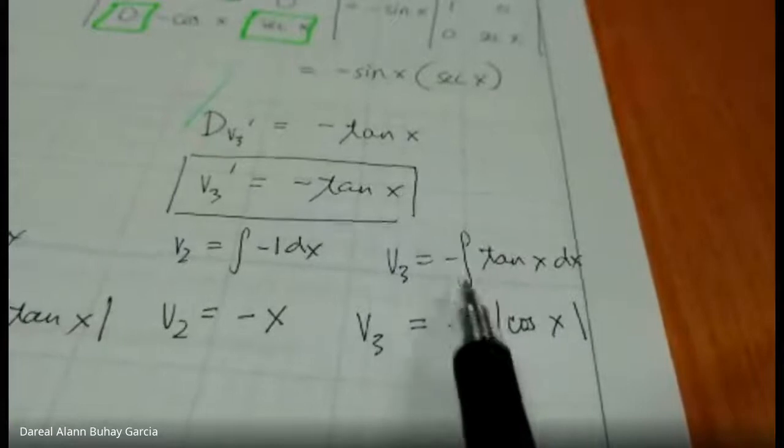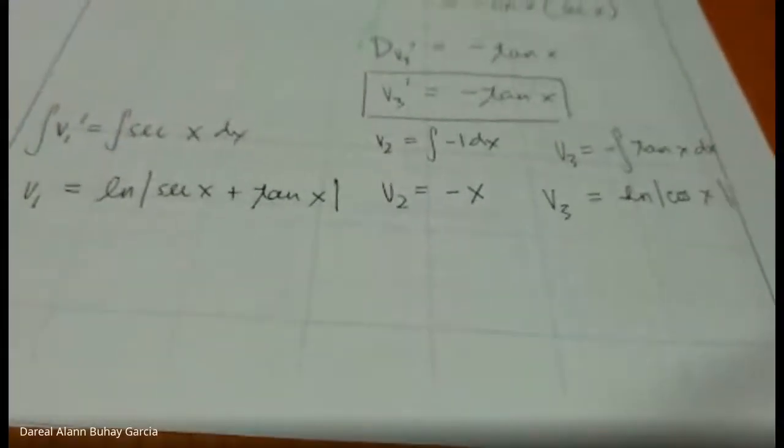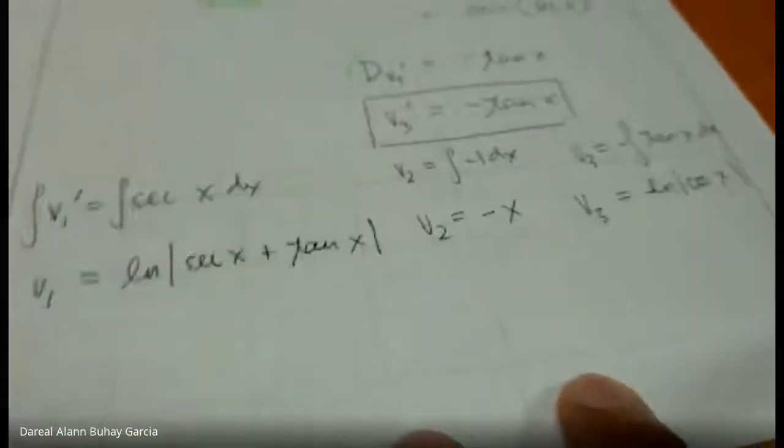So negative man siya daan. So positive ln cosine x. And these are our components of our final answer.